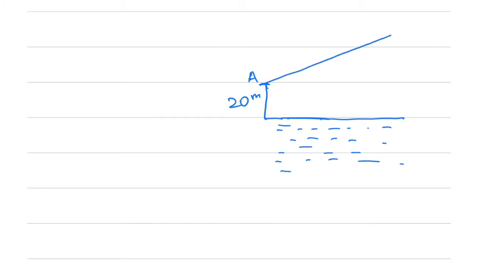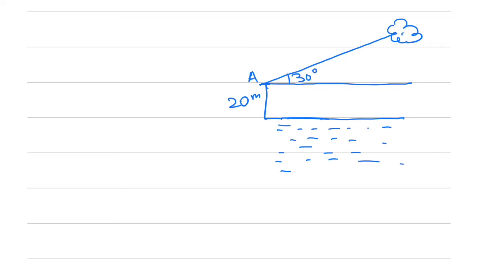Okay, and point A is 20 meters above the level of the water. Angle of elevation of the cloud is 30 degrees. So here we have the cloud, and this angle of elevation is 30 degrees.